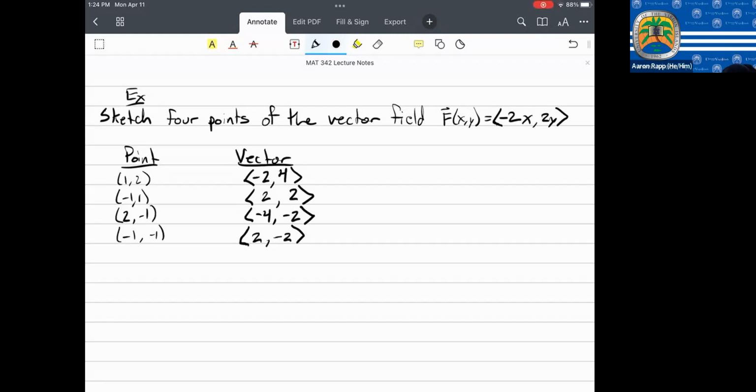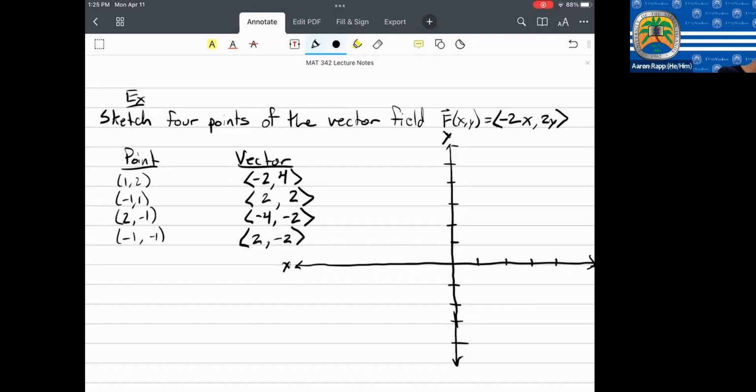All right, so let's sketch it. X-axis, my y-axis. 1, 2, 3, 4, 5. 2, 3, 4.